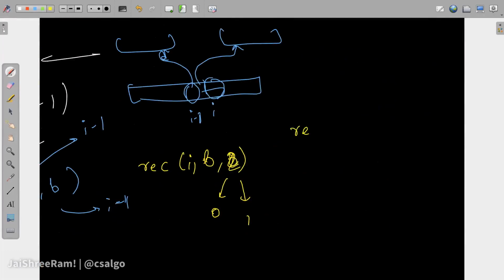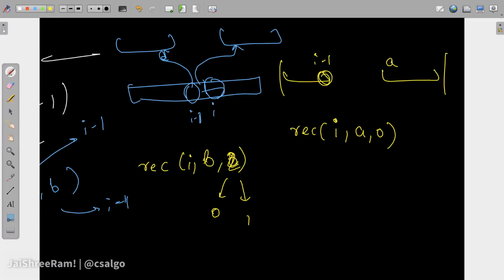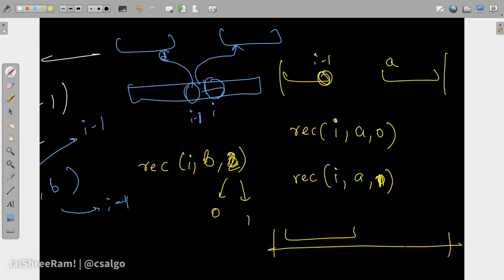I can reach this state rec(i, a, 0), which means I have built some values over here and some values over here from front to end, and the i minus 1th value was over here, and a was the index of the last element over here. And if I reach rec(i, a, 1), sorry, it means I have filled this, this is equal to i minus 1, and this is equal to a.